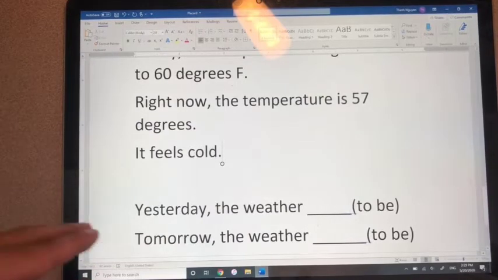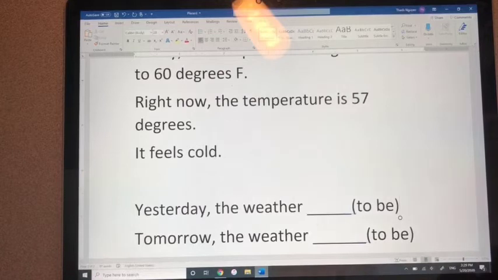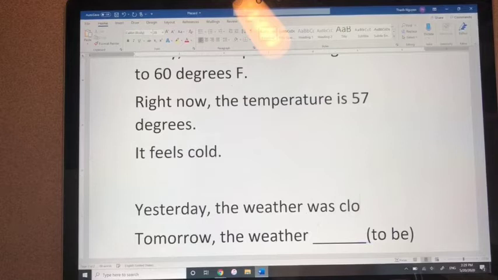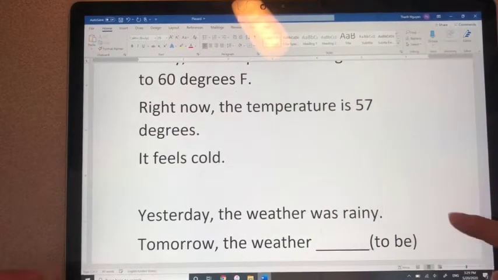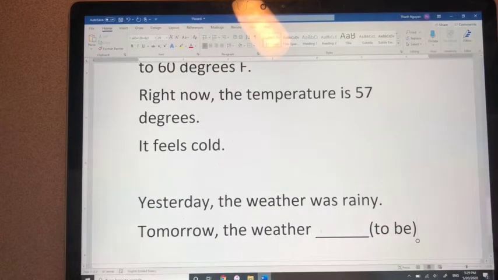Yesterday we talked about the past. The past tense of to be was. Yesterday, the weather was cloudy. Well, yesterday the weather was rainy, actually. Tomorrow's the future.